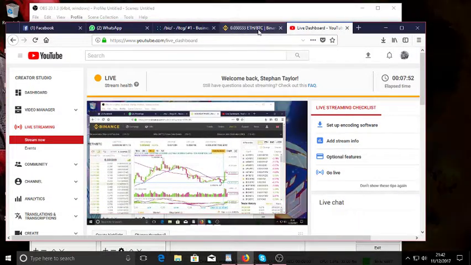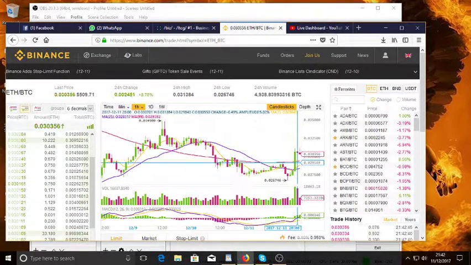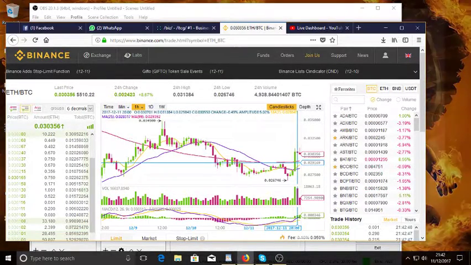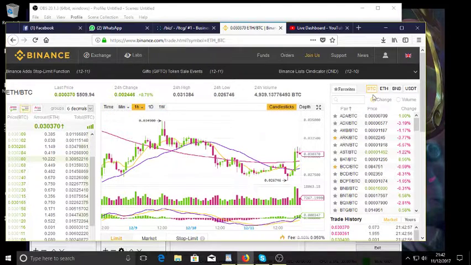By looking at these red and green candles, you can get a feel for how the price is moving.